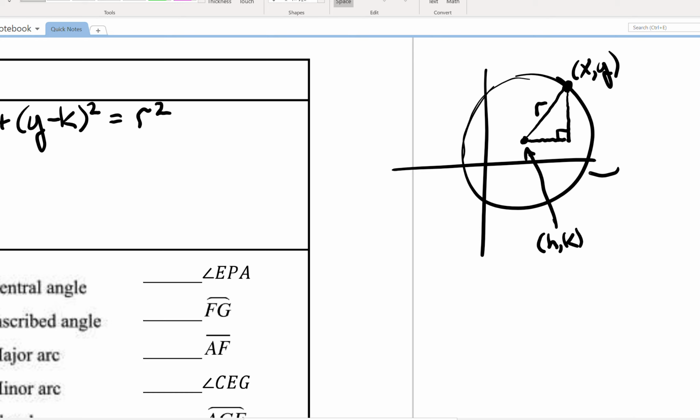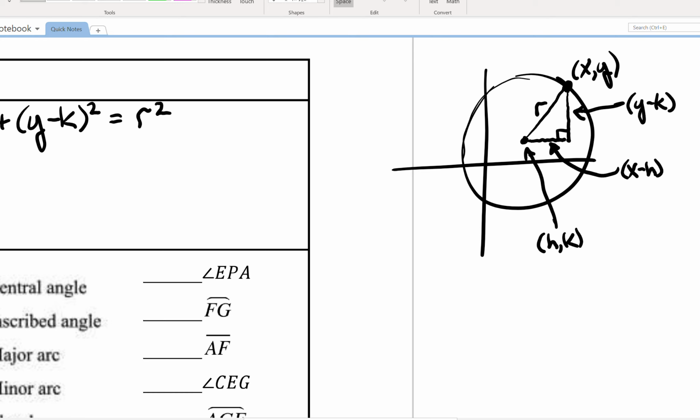This distance right here would be the difference between the x coordinates, so it would be x minus h. And this distance right there would be the difference between the y coordinates, or y minus k. And that's how you would find those.